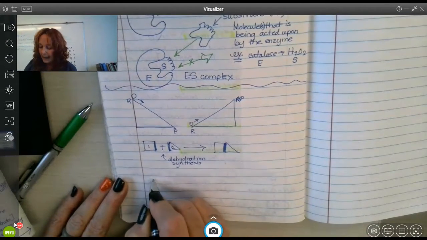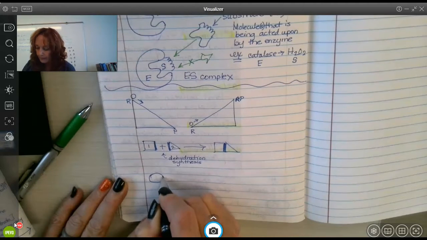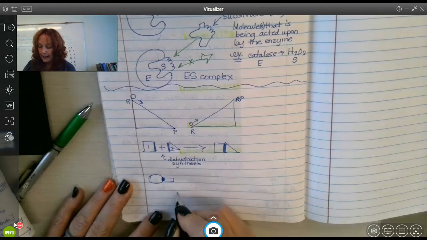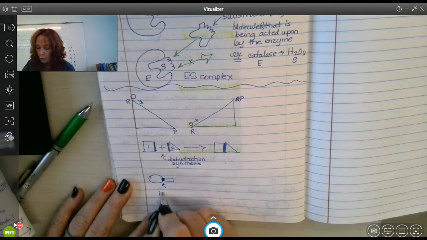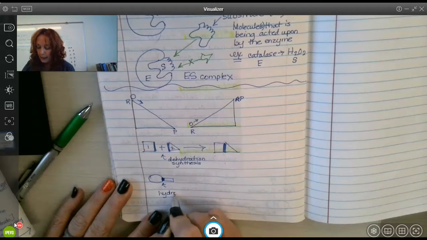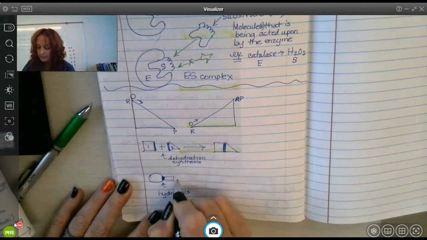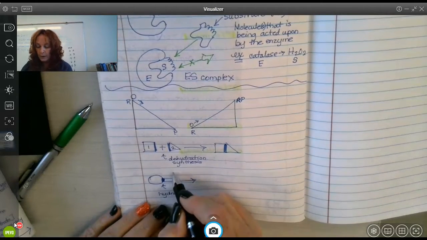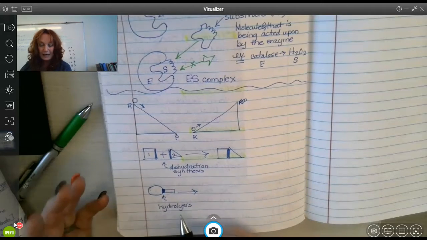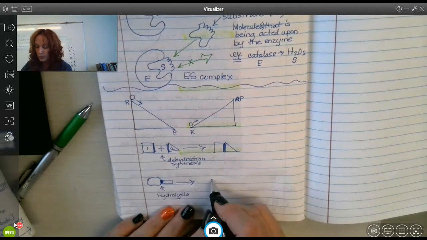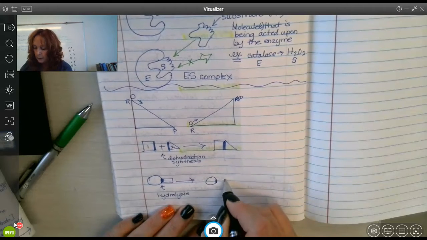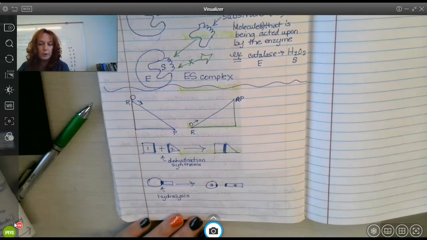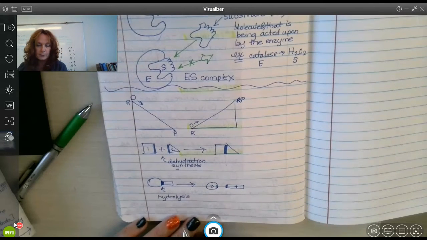So if I had this molecule and we're going to break them apart, which is hydrolysis, that would be the equivalent of that torquing of the bond to where these two pieces now cannot stay together anymore under that pressure, and you end up with a molecule broken into its pieces, its products.